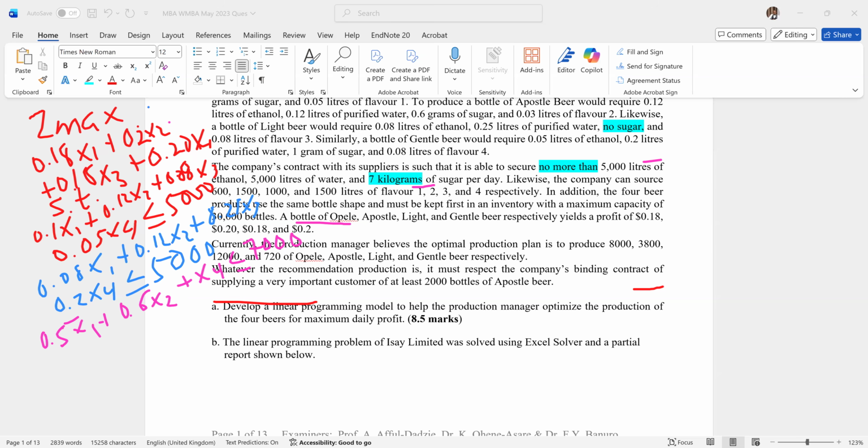Okay, who is not clear with anything here? So I was on track, right? It's Augustina. When I started the sugar constraint, he said I was wrong. You said 0.03 instead of the 0.06, that was for the X2.